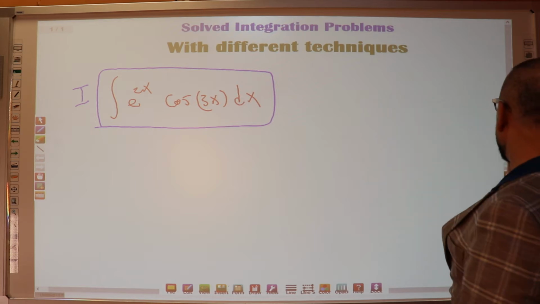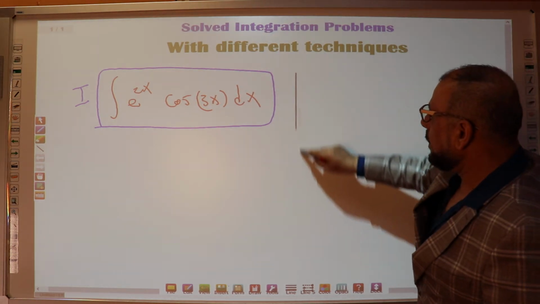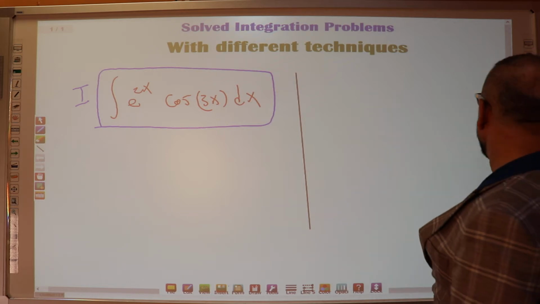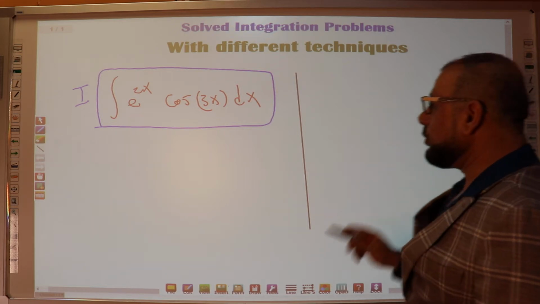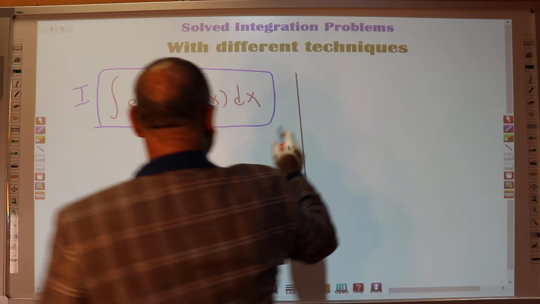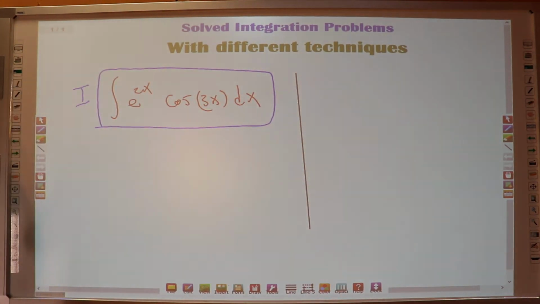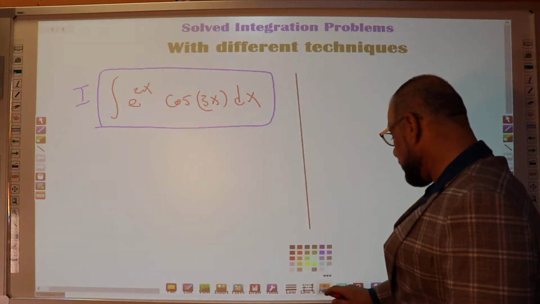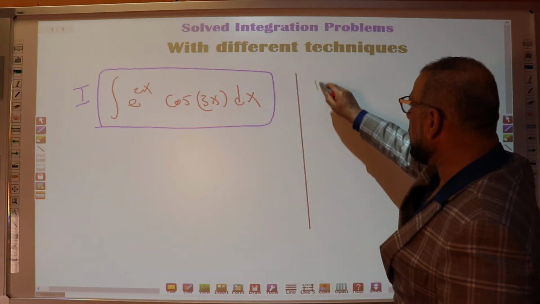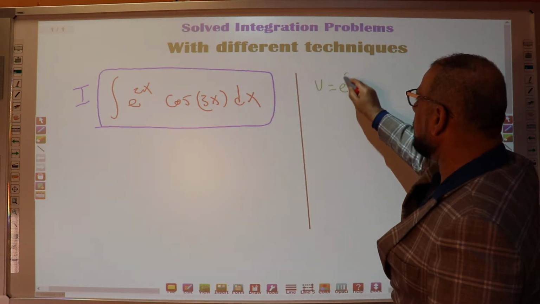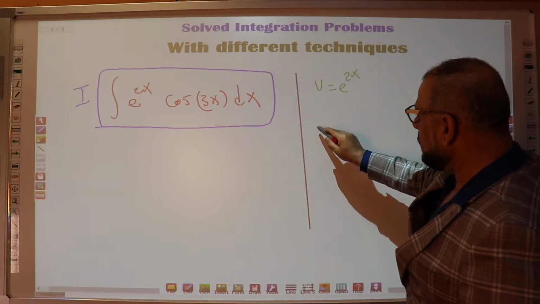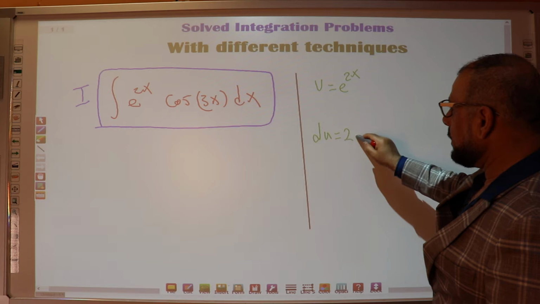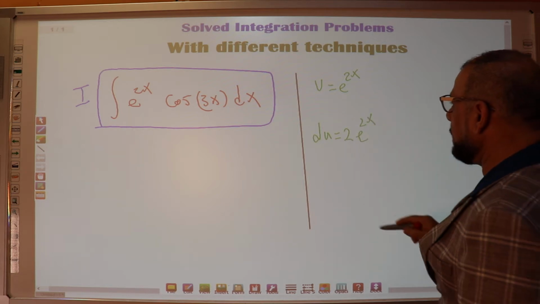On this side of the board, I'm going to make a small bar here. I'm going to choose u and choose what? u equals e to the 2x, du equals 2 e to the 2x.